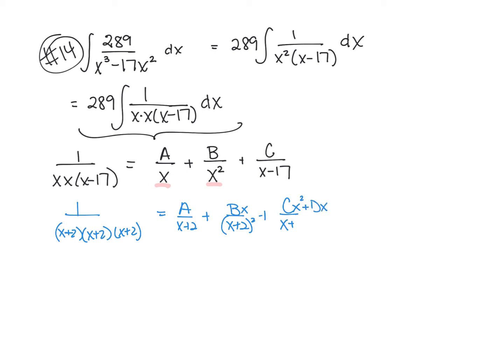Anyway, we would have to include all of those terms in there. So that gets a little bit messy, and so don't worry about that. AP will not focus on repeated roots.